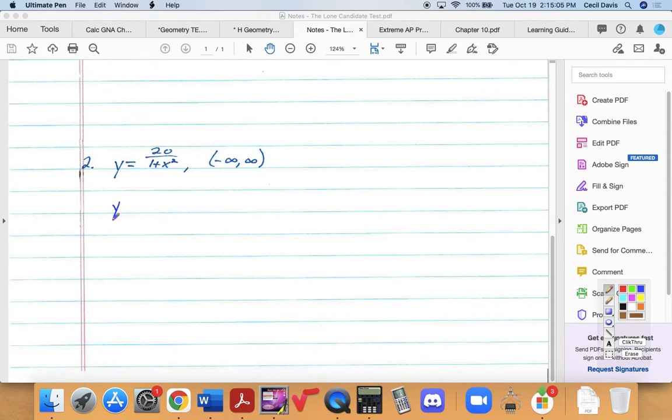So I'll take the derivative first this time. And actually, you know what? I'm going to rewrite this as 20 times 1 plus x squared to the negative 1 power, because then it'll be faster to take the derivative. It'll be negative 20 times 1 plus x squared to the negative 2 times 2x.